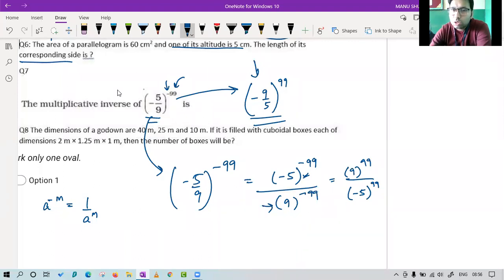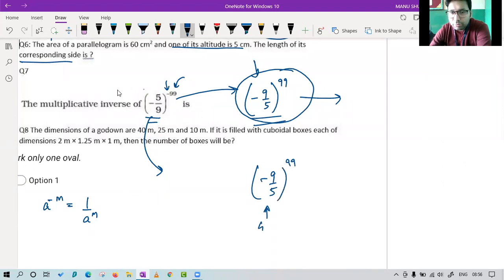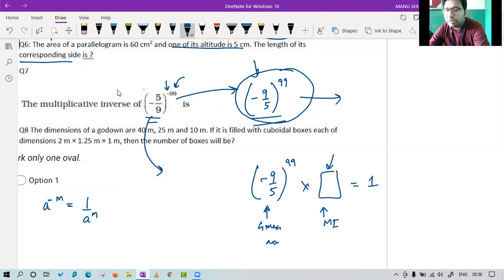Now we will reverse. So you got the answer. Now we will reverse this to get the multiplicative inverse. And how did that come? Let's see. Because we know the multiplicative inverse is the number by which, if you multiply the given number, so this is the given number and this is the multiplicative inverse, then the answer should be 1. So we need to find this multiplicative inverse, so we will isolate this.